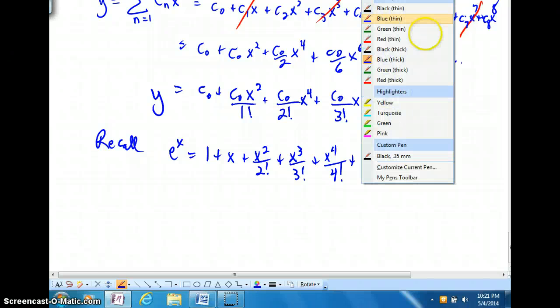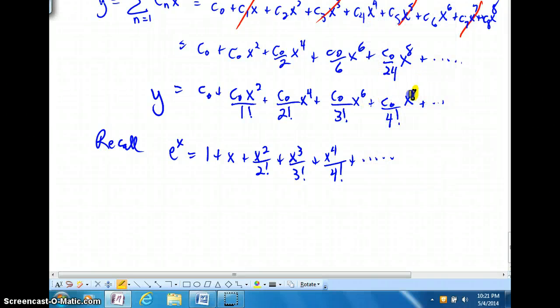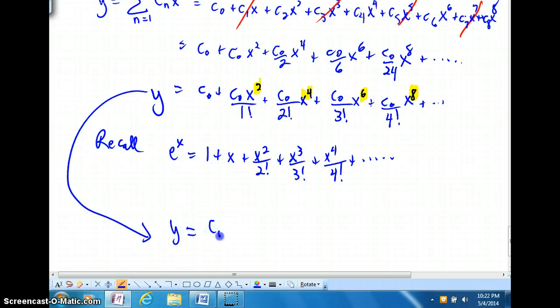Notice all my powers here in my solution for y are even, and yet for e to the x they're not. Tell you what, we can say that for this y, my goodness, if we were to notice this was e to the x squared.